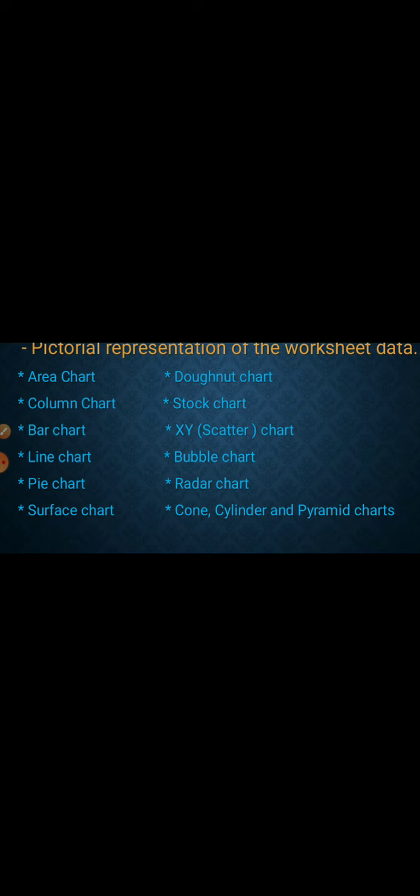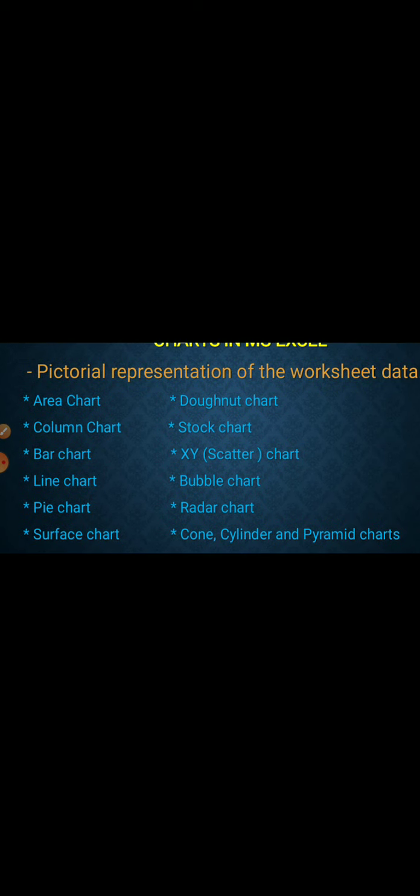Next is the surface chart. It is useful when you want to find optimum combinations between two sets of data. Next, cone, cylinder and pyramid charts. So these are the different types of charts available in MS Excel.